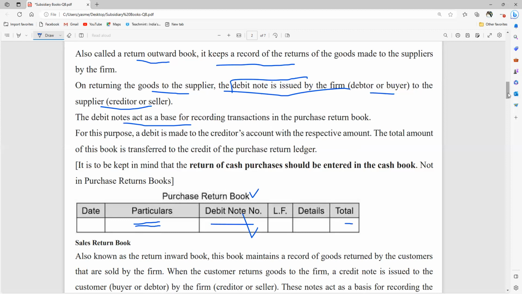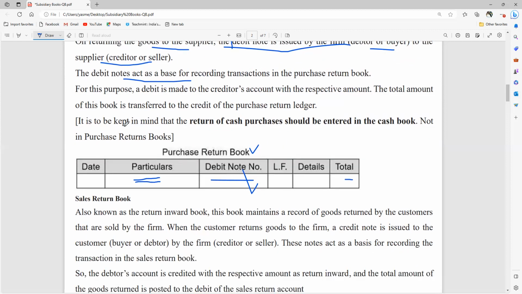Next, it is to be kept in mind that the return of cash purchases should be entered in the cash book. If we have purchased goods in cash, we are not recording that in the purchase book. In the same way, if we return goods which we purchased in cash, that also we should not record in the purchase return book. Only for credit purchases, if we are returning the goods, do we record the transaction.